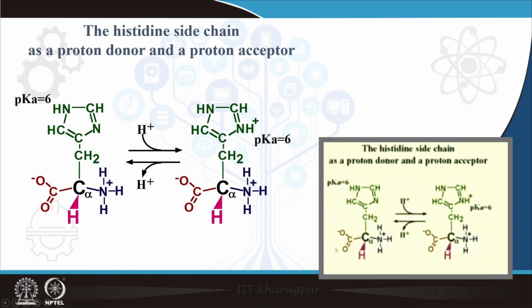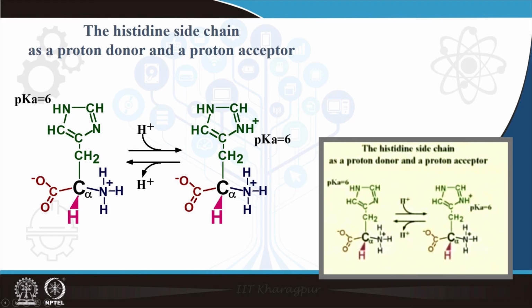Now, apart from what is here, which we will be studying in a moment, the ionization of amino acids, at this particular point, I can protonate this nitrogen to form NH plus. It can also deprotonate to form this back. So, this is an equilibrium. Okay. Now, this equilibrium occurs at a pH between 6 and 7.